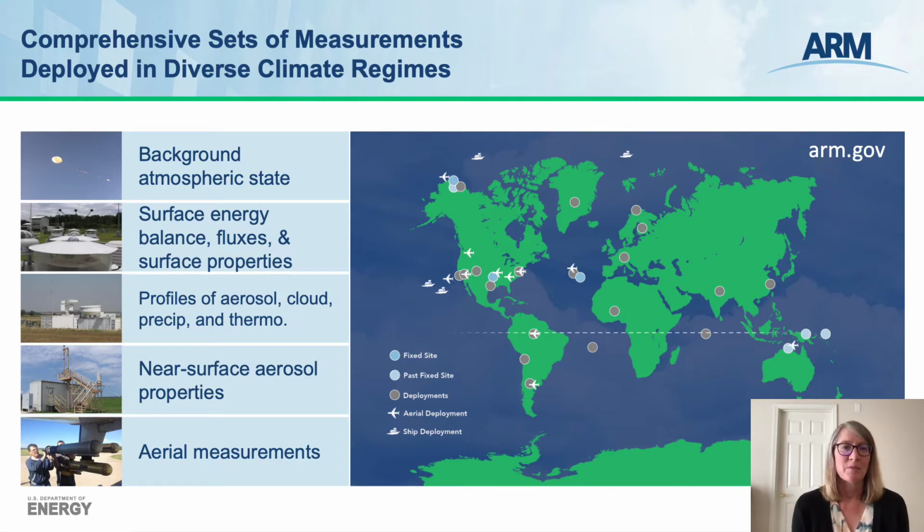ARM also provides profiles of aerosol, cloud, precipitation, and thermodynamic profiles using its LiDAR and radar remote sensing capabilities. We also have a wide variety of aerosol measurements that measure near-surface in situ aerosol properties and aerial measurements on several different platforms, including crewed aircraft, UAS, and tethered balloon systems.